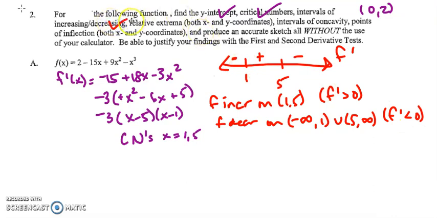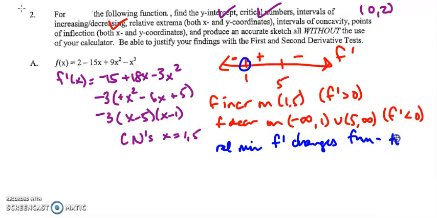So now I've done that. Okay. Relative extrema, they want the x and y coordinates. So for that one, I know I have a relative min at 1. A relative min is where f prime changes, excuse my handwriting, from negative to positive.